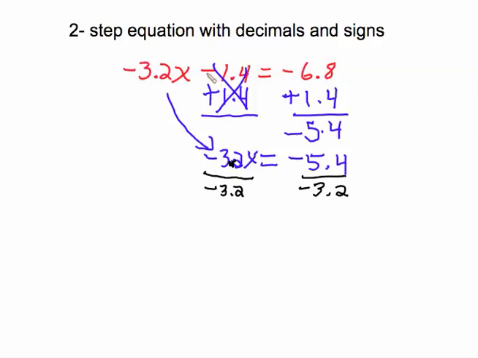Up here you have a minus, and the inverse is plus, and that's why these appear to be signs, but in fact you're just doing the inverse operation. The inverse of subtraction is addition, and the inverse of multiplication is division. So you're actually going to need to divide the same exact number out, and that's the only way you can cancel this out, because negative divided by negative is going to be a positive. You need it to be positive. You want your variable to be alone, even without negatives.